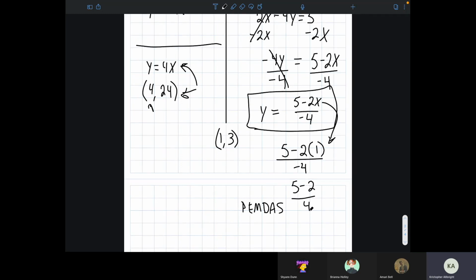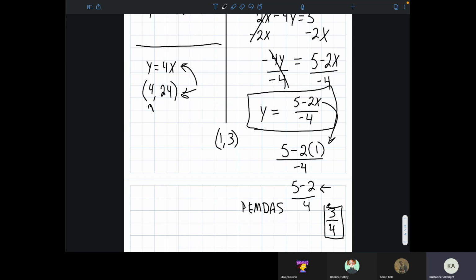So now we do division, which we really can't do quite yet. So what I'm going to do is get this top simplified as far down as I can where it can be one number, and then I'm going to divide it. So 5 minus 2 is going to give us 3. So we're left with 3 over 4.